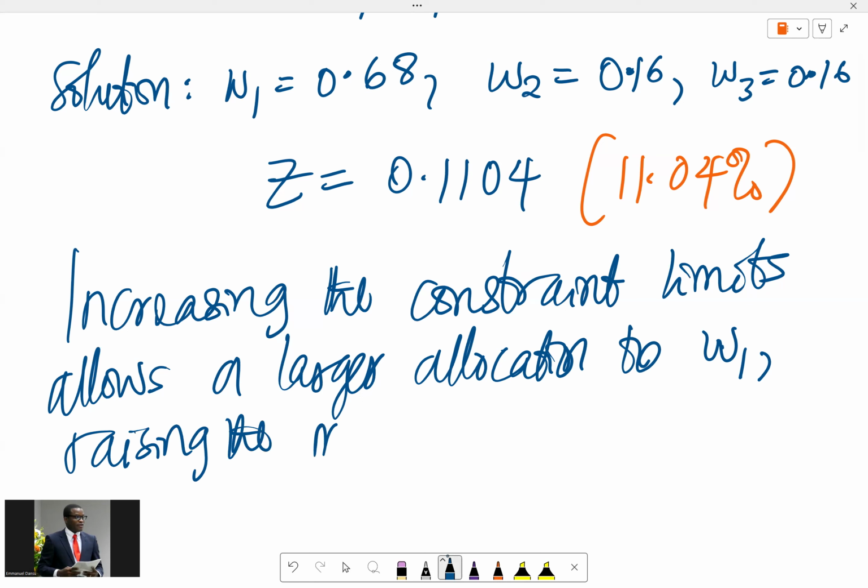It's raising the maximum Z. The original maximum Z was 10.8%. By doing this, it's raising the maximum Z from 10.8% to 11.04%.